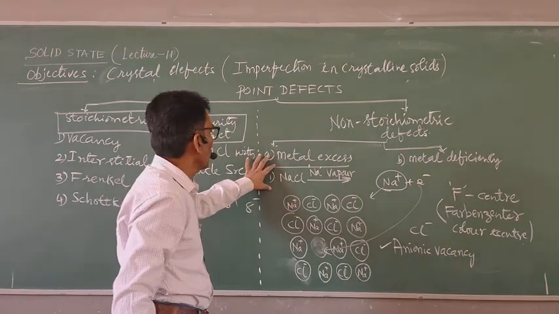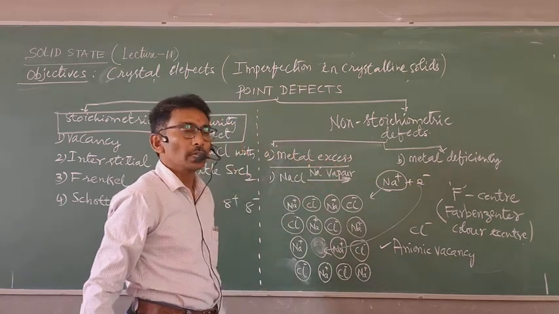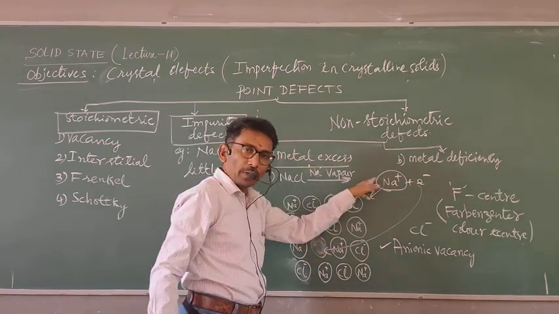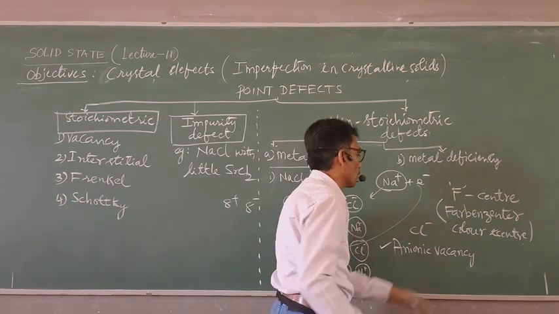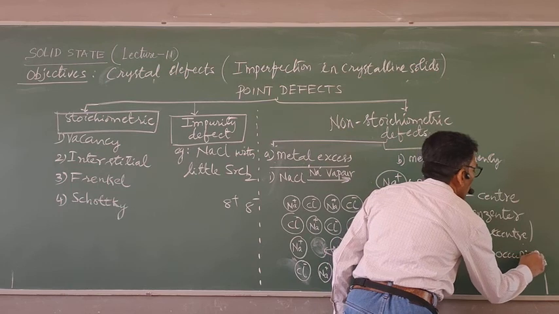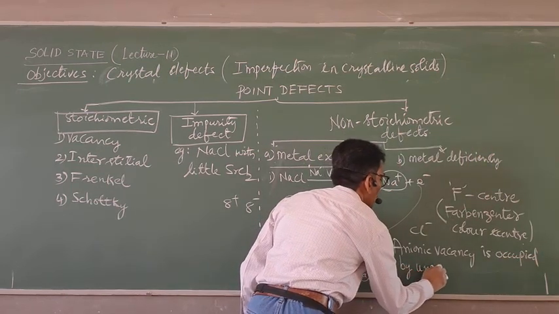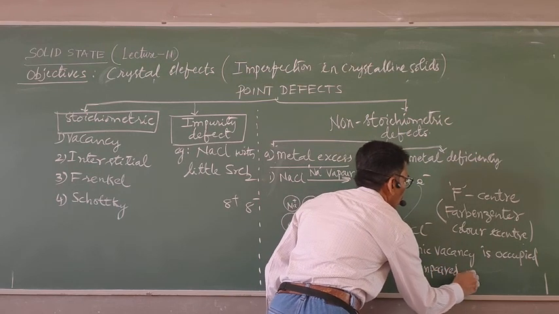If an NaCl ionic solid is heated with its metal vapor, then what happens? The anionic vacancy is occupied by an unpaired electron.